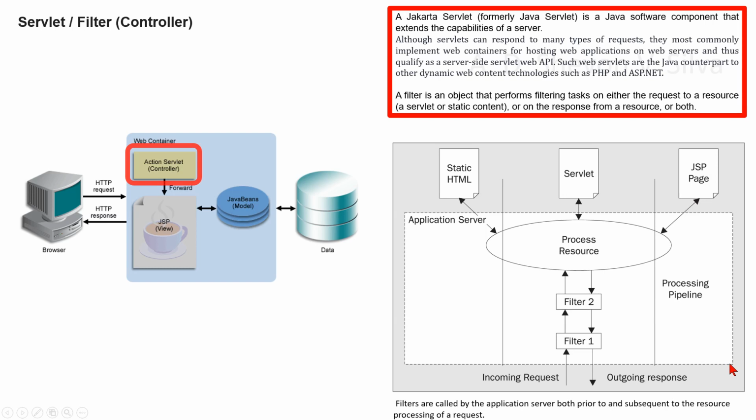Due to their strategic position in the request processing pipeline, filters can easily handle the pre and post processing of requests for resources such as HTML pages, JSP pages and servlets. This specialized construction of filters allows them to participate in the processing of a request or response throughout the processing path.